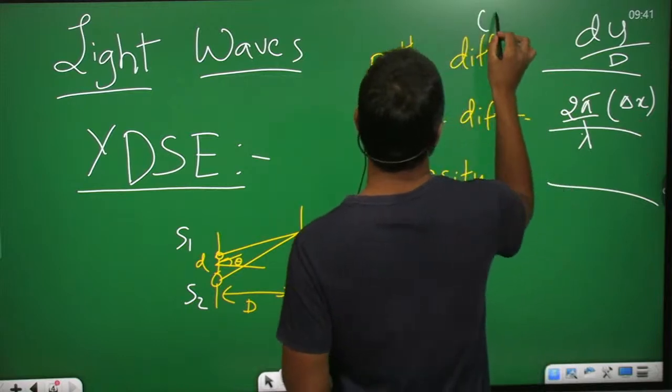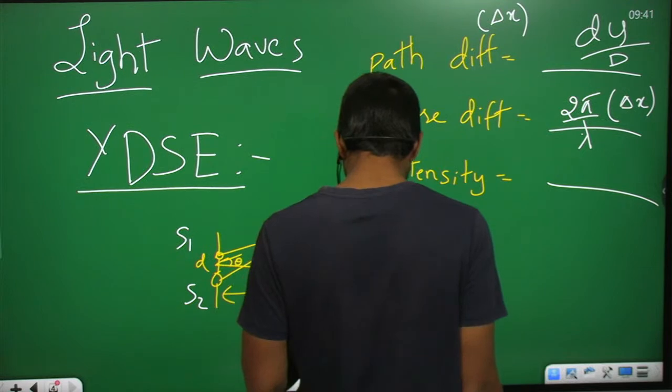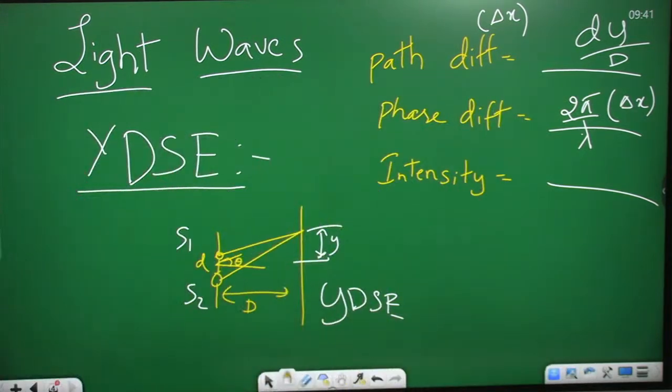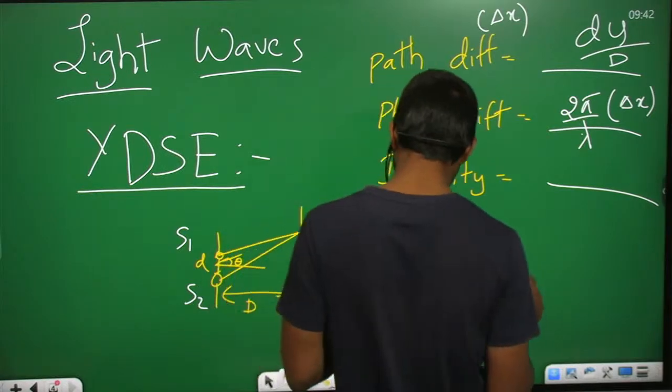Path difference. So how do you find the resultant intensity? People watching online, get engaged, try to comment. What is the resultant intensity?